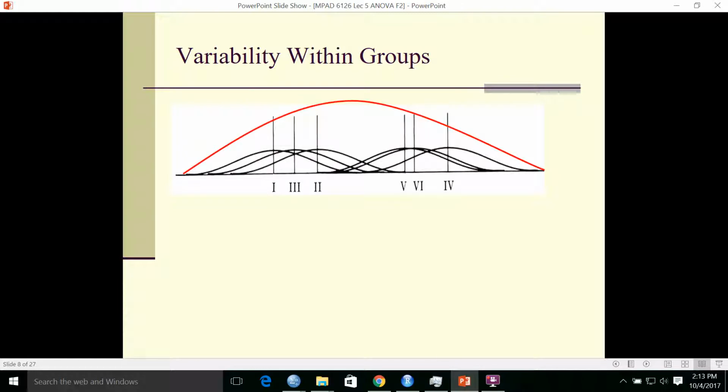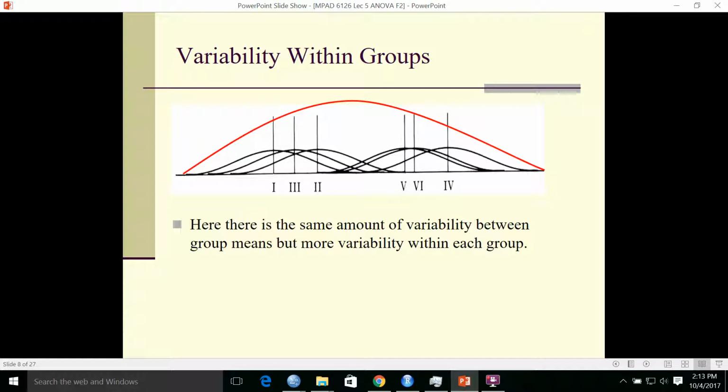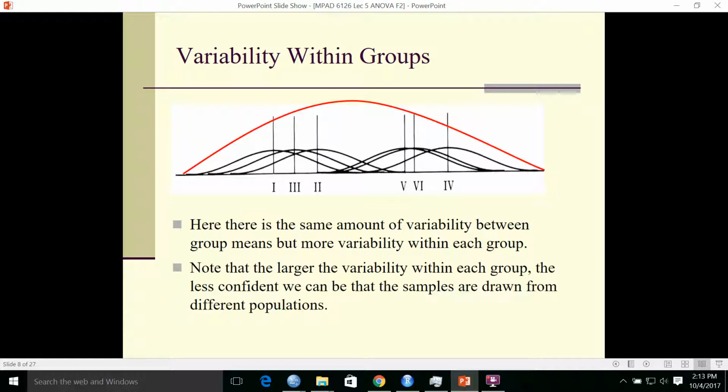Because the F-test is both the between group variability and the within group variability, the amount of variation just within the groups matters significantly to the overall F-test. So here, groups 1, 2, and 3 are the same distance away from groups 4, 5, and 6.